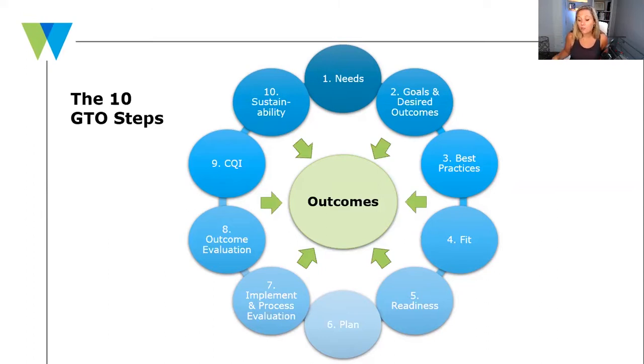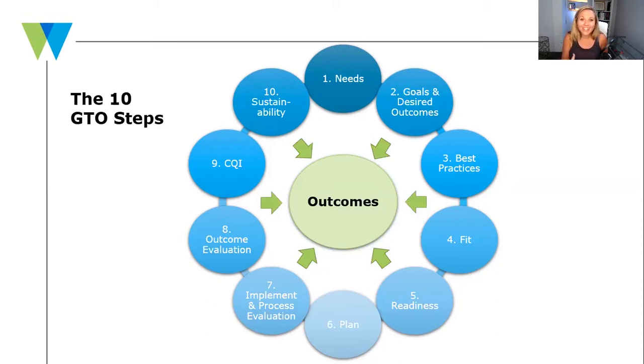It's not going to translate to maybe a Thai rural context. And so step 4 of GTO is all about fit. So when you're selecting a program, you want to choose one that has evidence behind it to show that it's effective, but also one that could be adapted and fit to the cultural context that aligns with you.